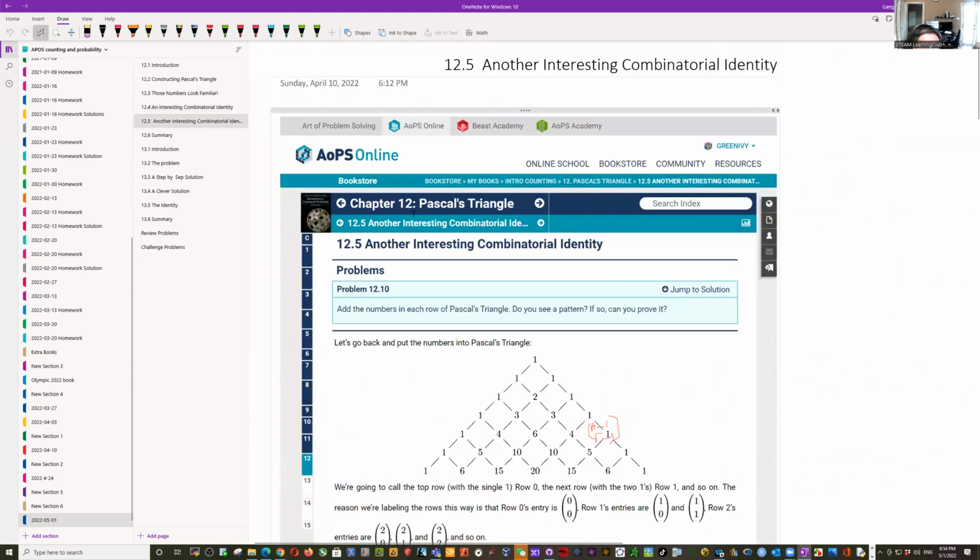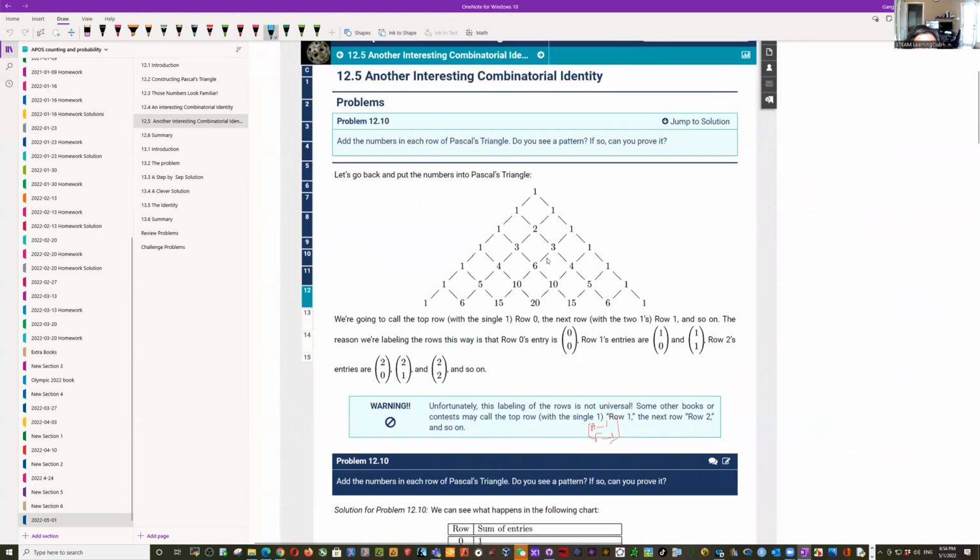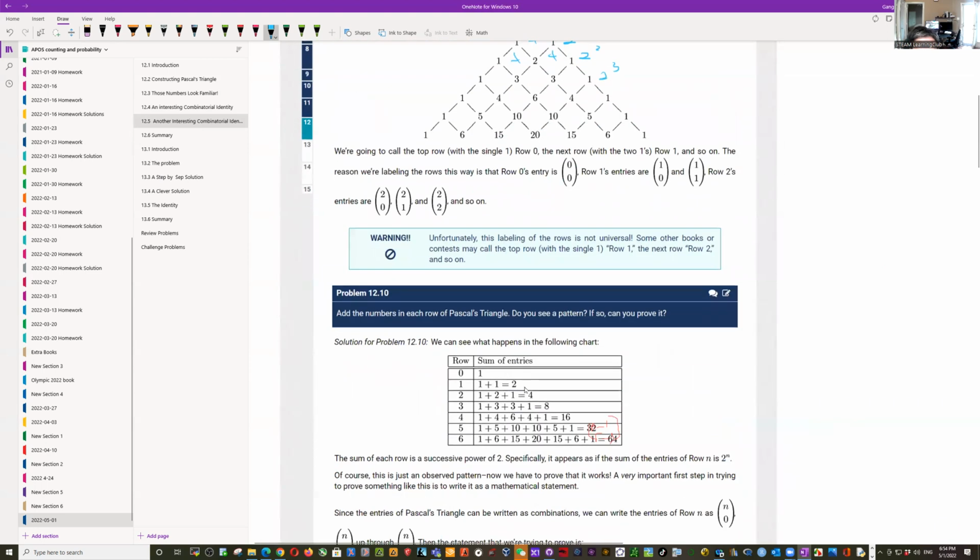Another interesting combinatorial identity is that each layer is 2 to the 0th power, 2 to the 1st power, and if you add it, 2 to the 2nd power, 2 to the 3rd power, because that's fairly easy to understand.